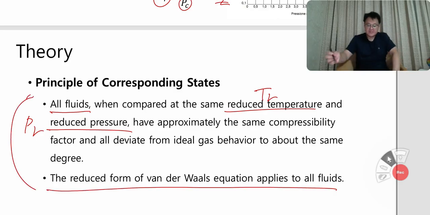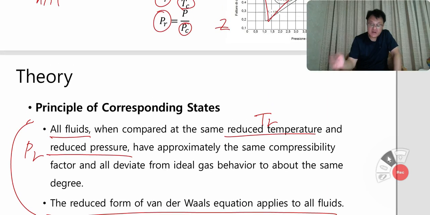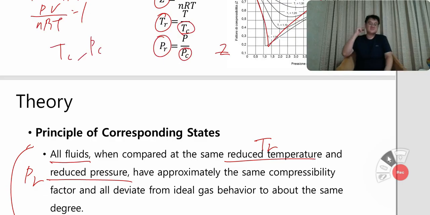So for every substance, the critical temperature and critical pressure, Tc and Pc, are different, okay?